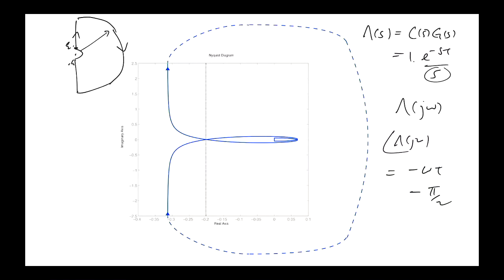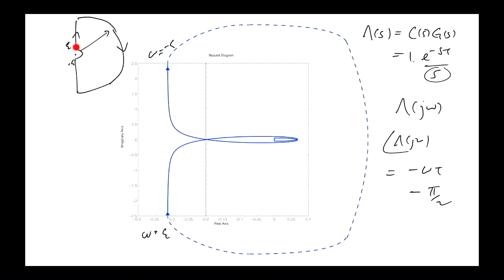So if this is epsilon, and that's minus epsilon, we're saying this is omega equal to epsilon, this is omega equal to minus epsilon up here. Remember that each point in the Nyquist plot just corresponds to a different frequency. So we've identified this frequency as being down here. As we go around here, we're at 0, and this frequency corresponds to minus epsilon.